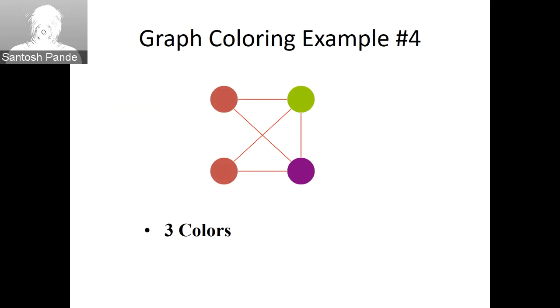This is again not an issue of algorithm, as you can see. Any clique of size K has to have K colors minimum, regardless of any algorithm.